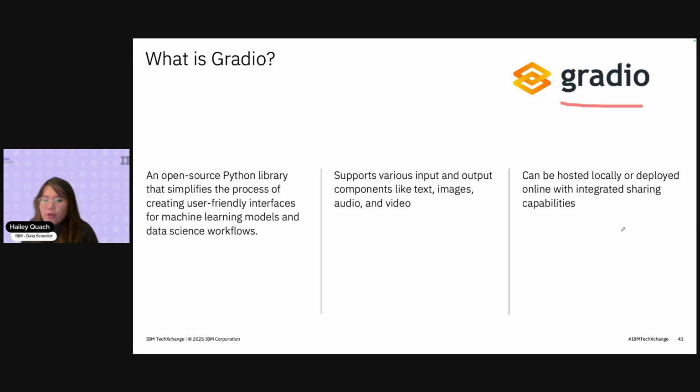For example, if you're building a Flask application, you have to worry about defining your HTML file and then your CSS file. For Gradio, the front end is already pre-made for you. You just have to import it and then integrate it into your main application file so that it's easier for you to produce and deploy the application.